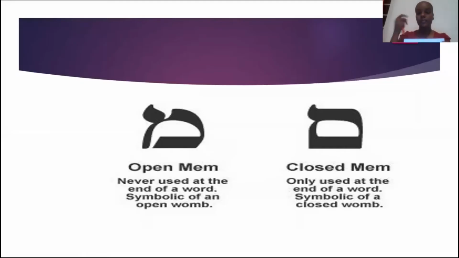Mem. All right. How many of you have ever lived in a house with a little chimney on the top? Well, when you're writing Mem, think of a house with a little chimney on the top, or think of a big mountain with a little tick at the side.